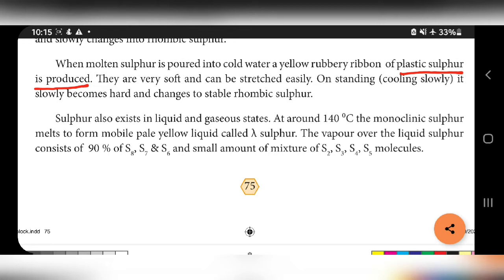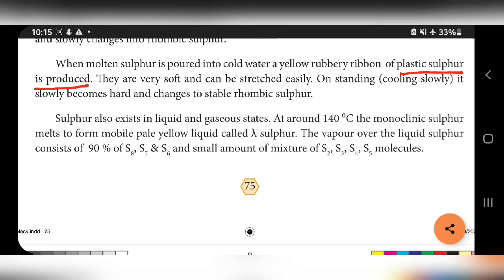In our previous paragraph we learned about crystalline allotropic forms of sulfur. Now we are going to learn amorphous allotropic forms of sulfur: plastic sulfur, Milky sulfur and colloidal sulfur. Here we are going to learn about plastic sulfur.